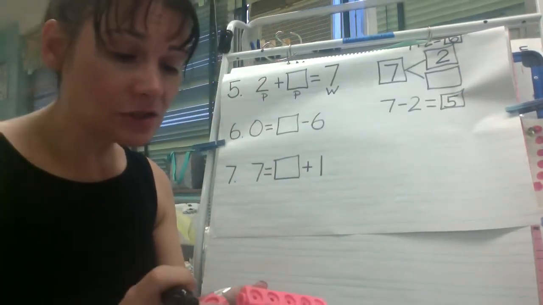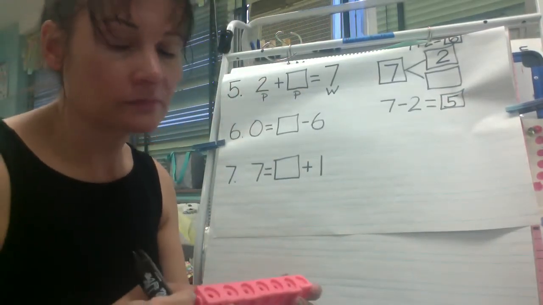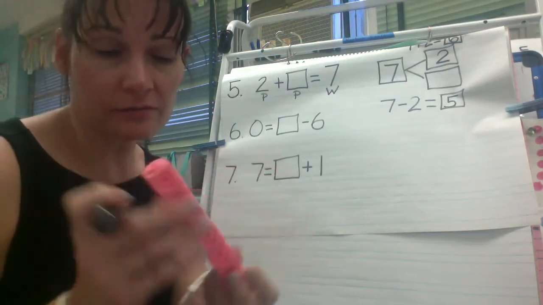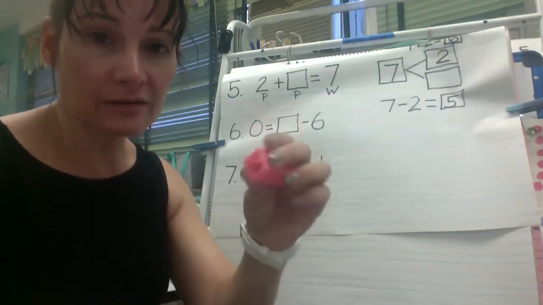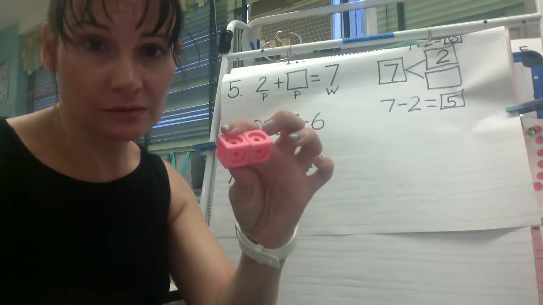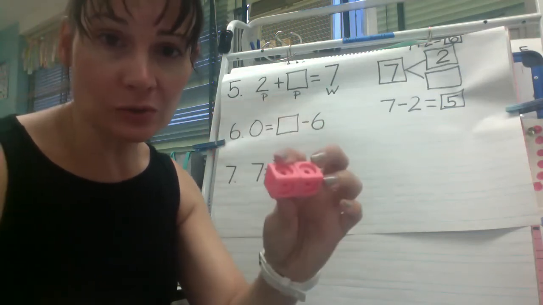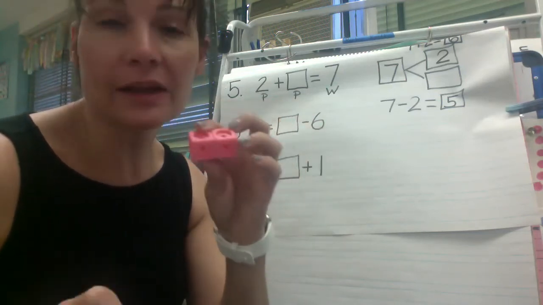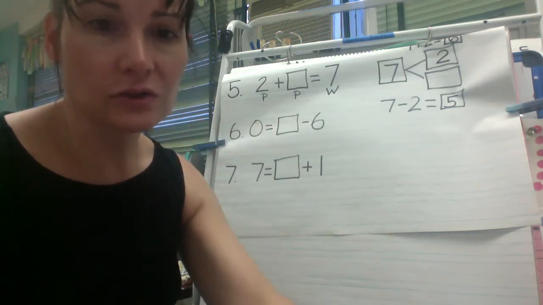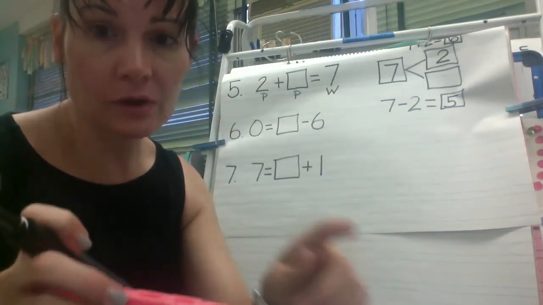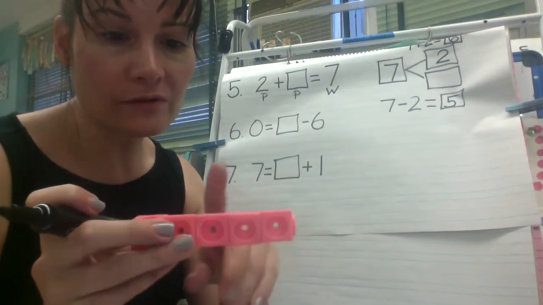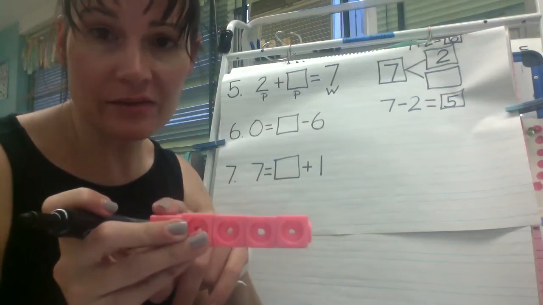And I can think addition as well. I want to get to 7. I've got 2. So I'm going to think 2 and count on until I get to 7. 2, 3, 4, 5, 6, 7.